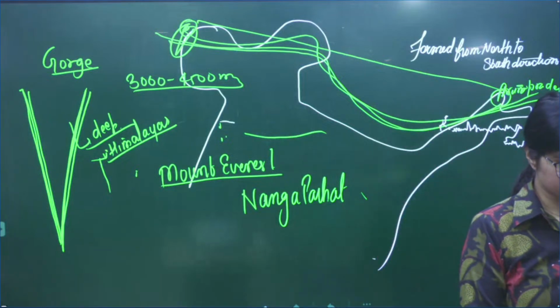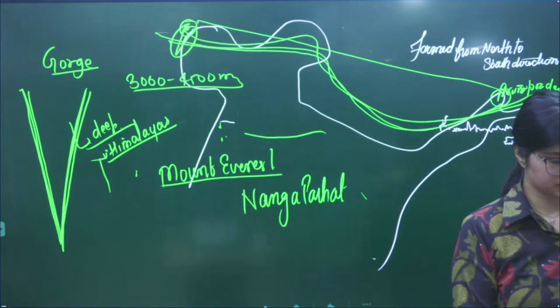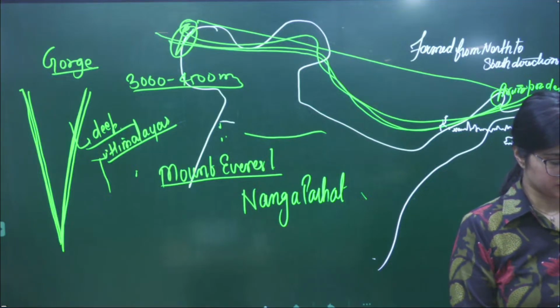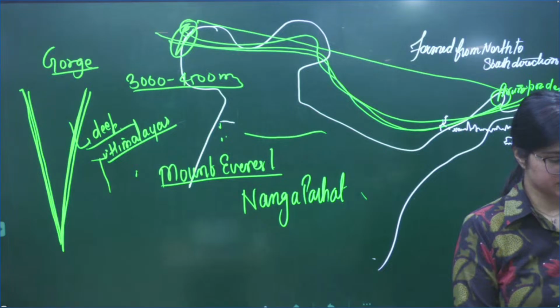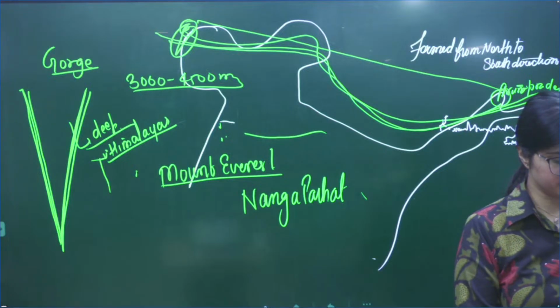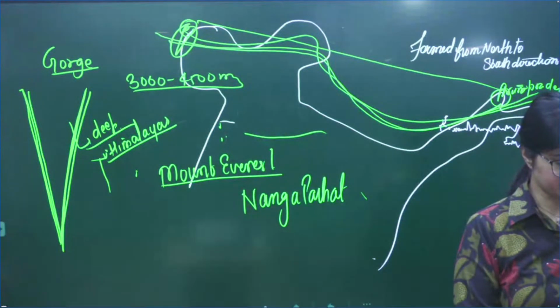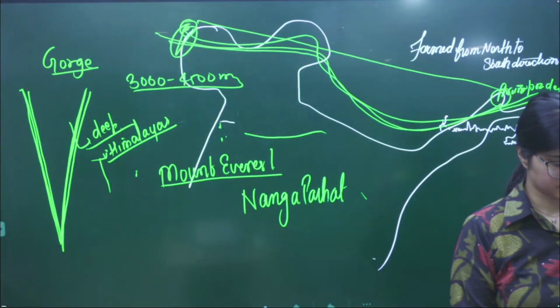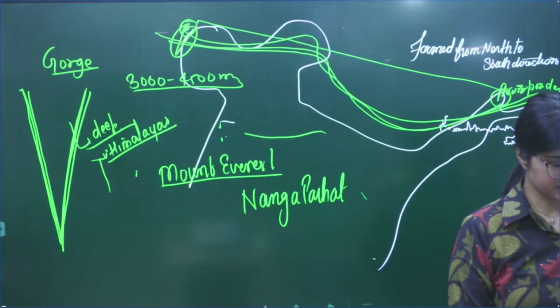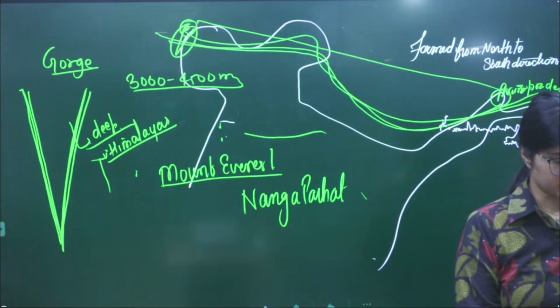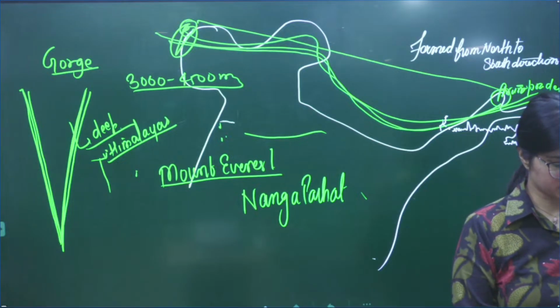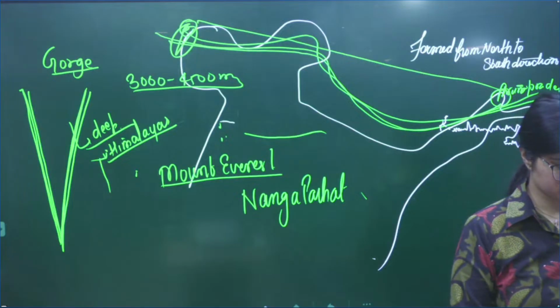These are the newly formed ranges in the Himalayan system. They are made up of sedimentary rocks.